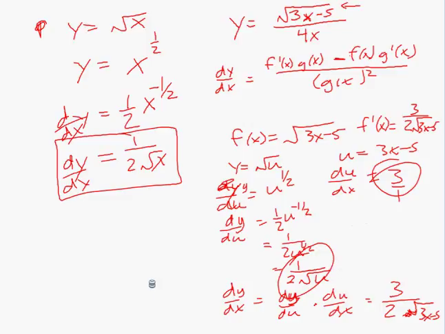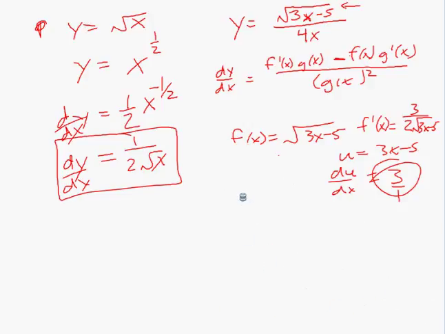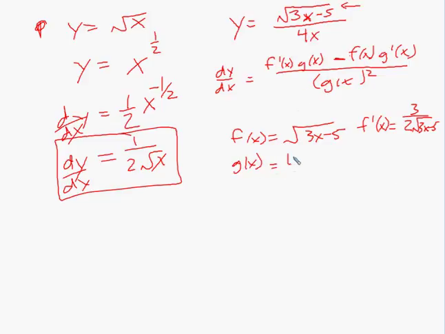Okay, now I'm going to erase all this because we need some room. Now I need to find the derivative of g of x. Well, g of x is my denominator. It's 4x. The derivative of that is 4. So continuing this down here, dy dx equals f prime times g, so these two multiply.